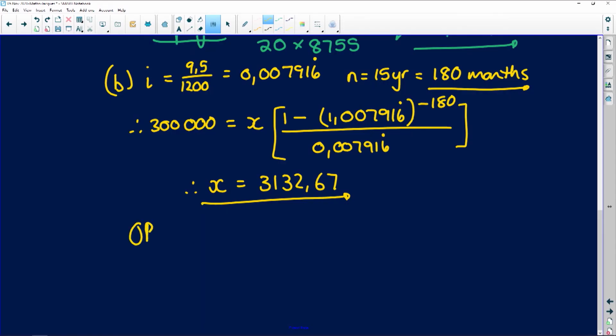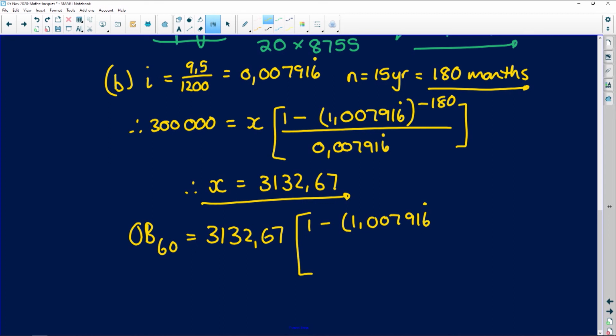The outstanding balance after 60 months is the present value of all the payments that she has not made. So 1 minus 1.007916 recurring. She has made 60, so there's 120 left.